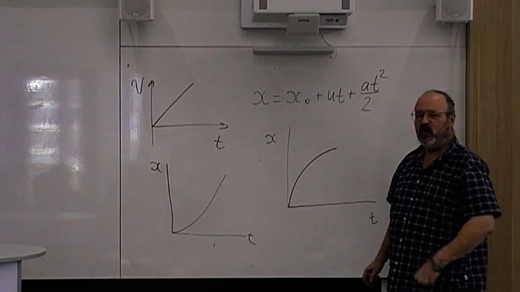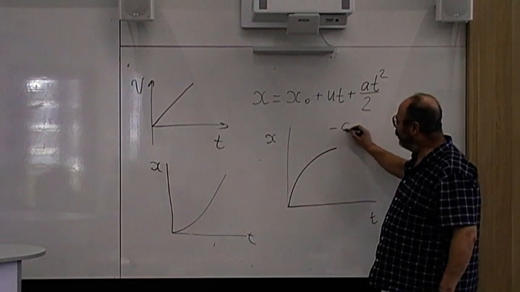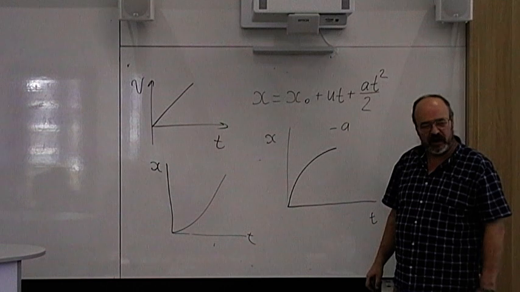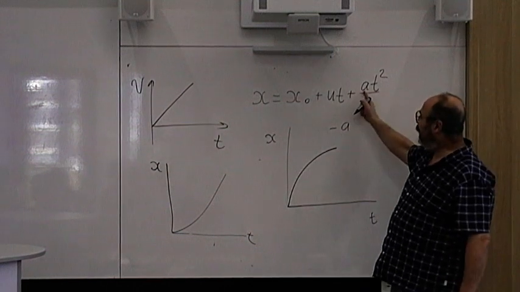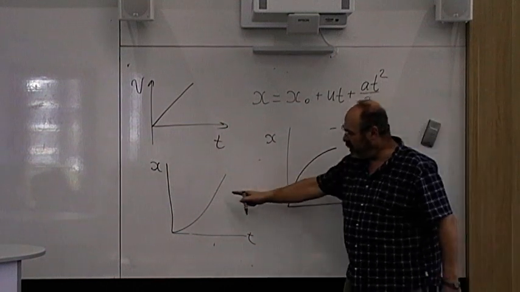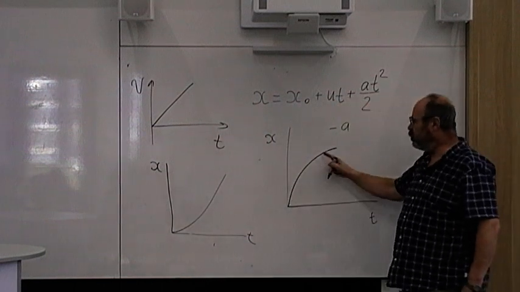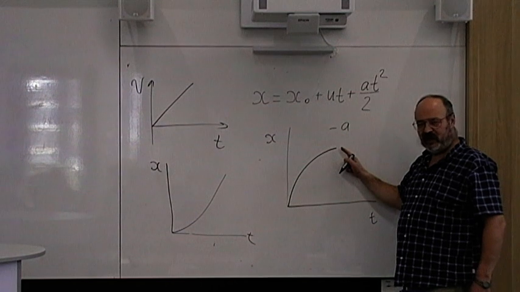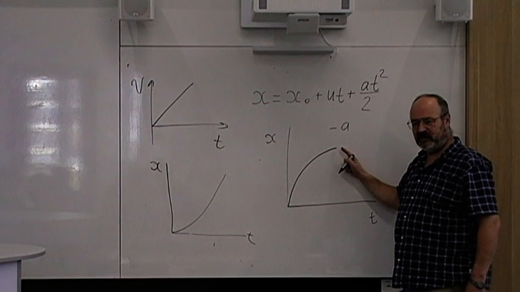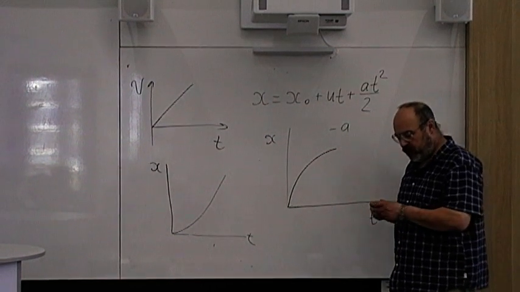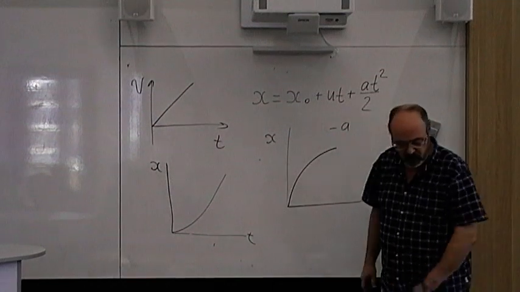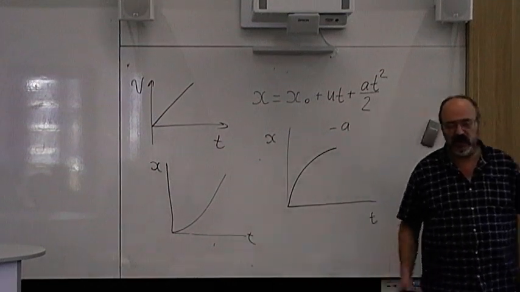It will be motion with negative acceleration. The parabola will be upside down. If a is positive, this is positive acceleration. This is negative acceleration. Okay, that's all about the graphs in motion with constant acceleration.